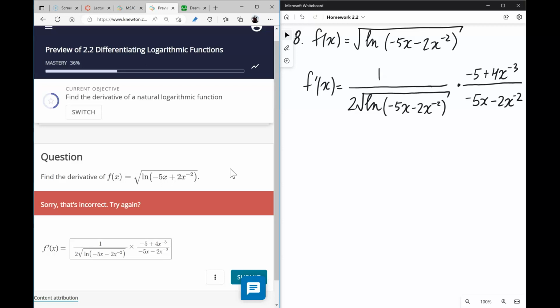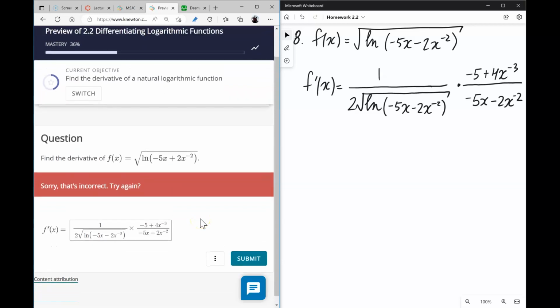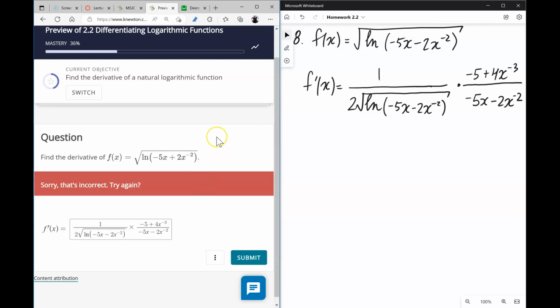Let's see. Interesting. I don't know what to think here. I'm pretty sure I got this right. So we have the derivative of the radical function.